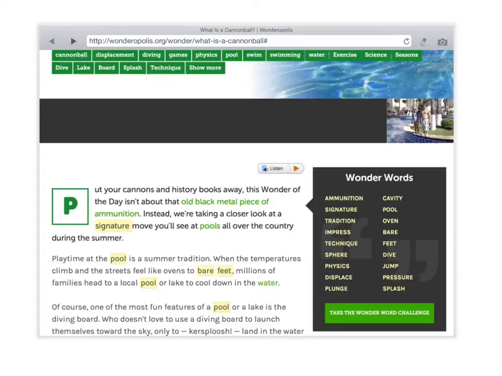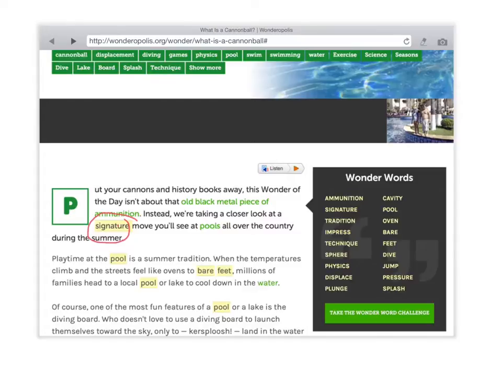Instead, we're taking a closer look at a signature move you'll see at pools all over the country during the summer. That's interesting, because this word signature, I always thought that meant like when you sign your name on something. So I'm going to press signature, and a definition comes up: distinctive pattern, product, or characteristic by which someone or something can be identified.